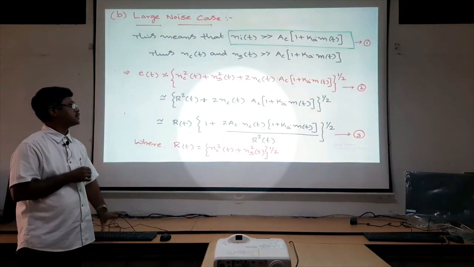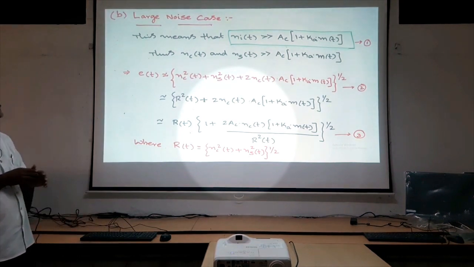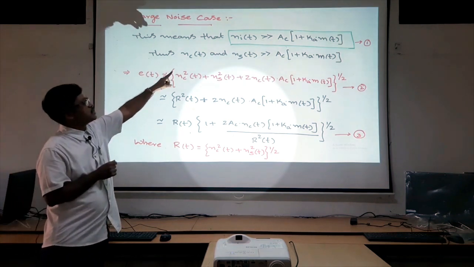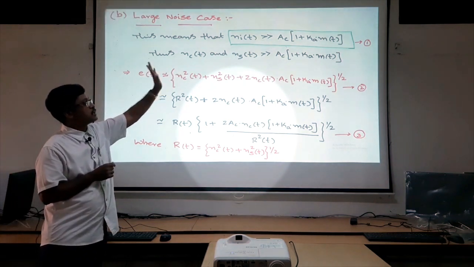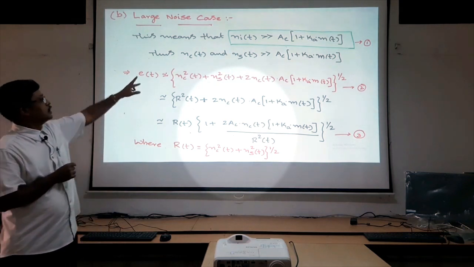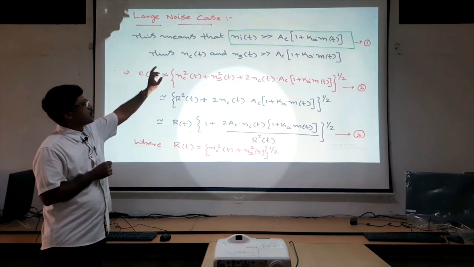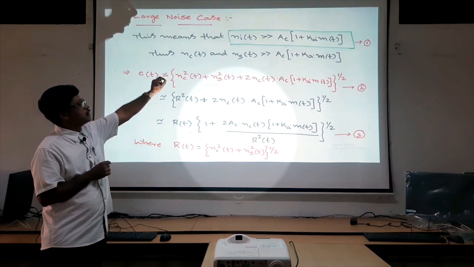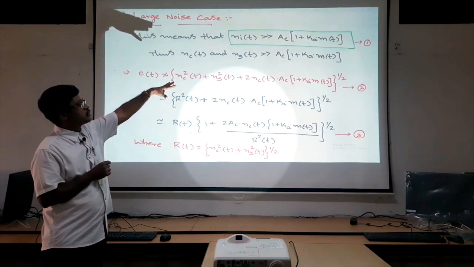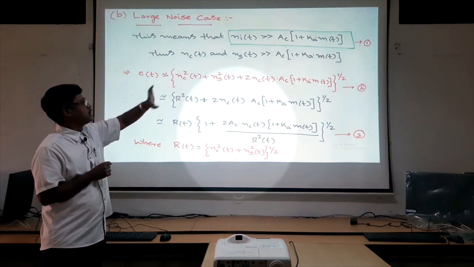On the other side, if you consider the large noise case, the case itself says the noise is very much large compared to the signal. Hence the bandpass noise n(t) is very much greater than the signal component, or either the in-phase noise or quadrature noise component of the amplitude modulation system is much greater than the signal component.